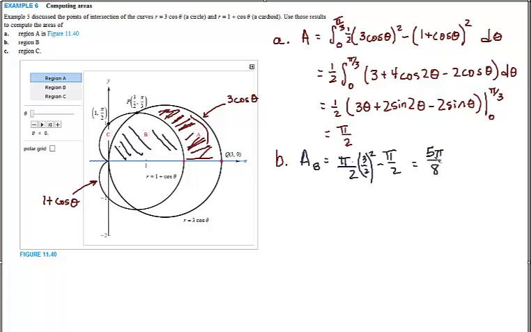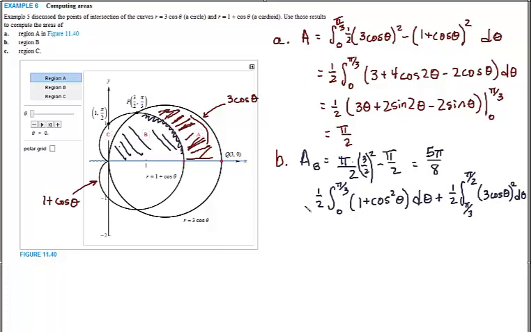Now you can go ahead and evaluate the integrals if you want. You'll get the exact same thing, and I'll just set this up for you. Alright, let's see what we've got here. I want the area under the curve from theta equal 0 to pi over 3, and this would be the function I would need to look at, the (1 plus cosine theta) squared.